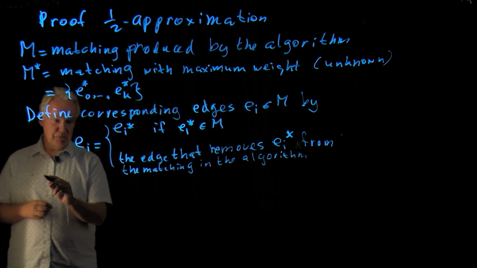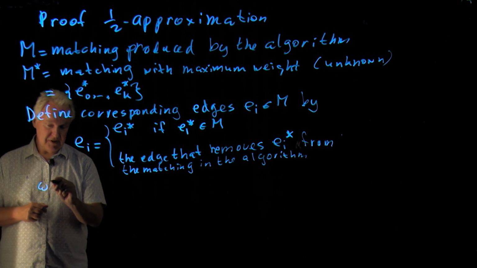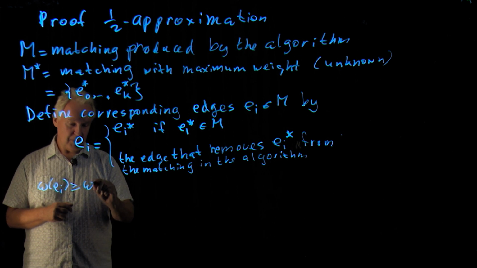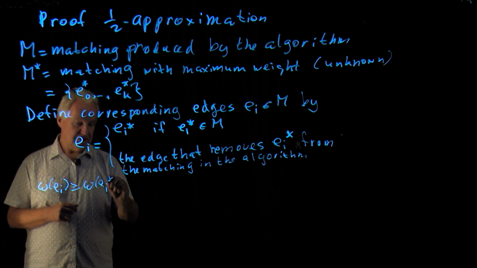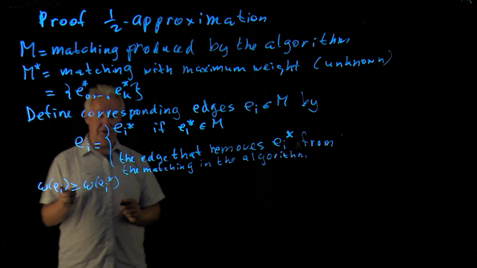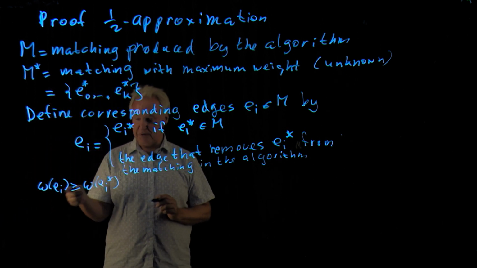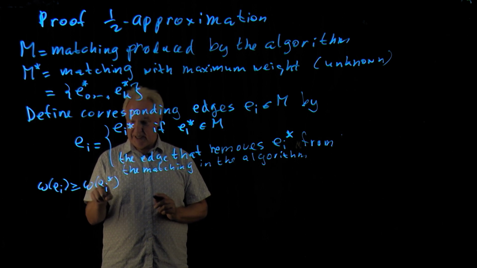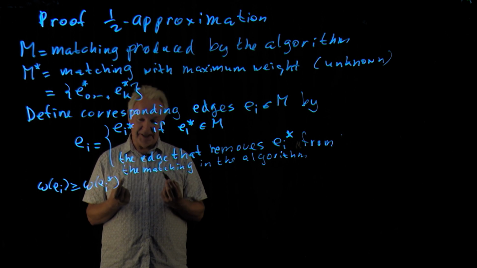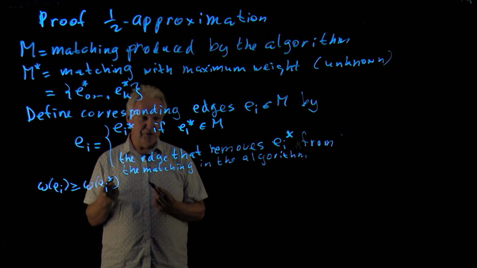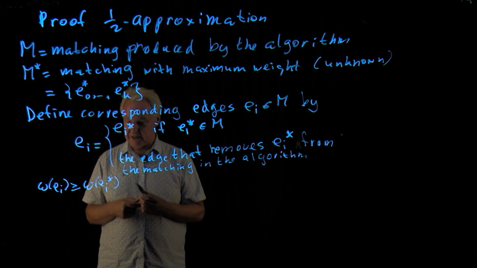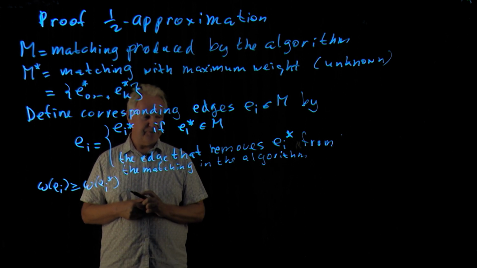And clearly we have that the weight of Ei is larger than or equal to the weight of Ei star. Because if they are equal, then of course we have equality. And if Ei star has been removed, it's a dominant edge algorithm, so it's been removed by an edge that has a higher or equal weight. So this holds.